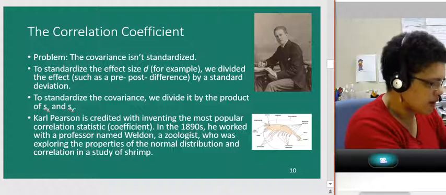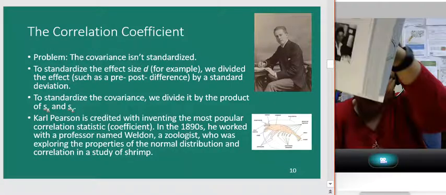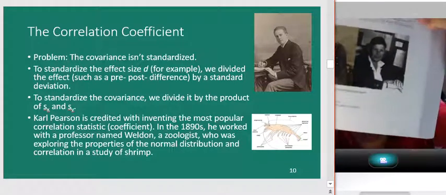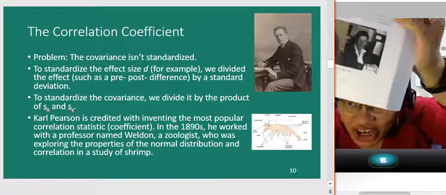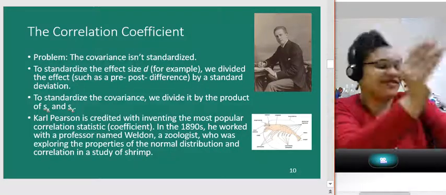Here we go. I was right. Florence Nightingale David. Here's a picture of her. Okay? And she was the hidden figure behind Pearson's work. All right.